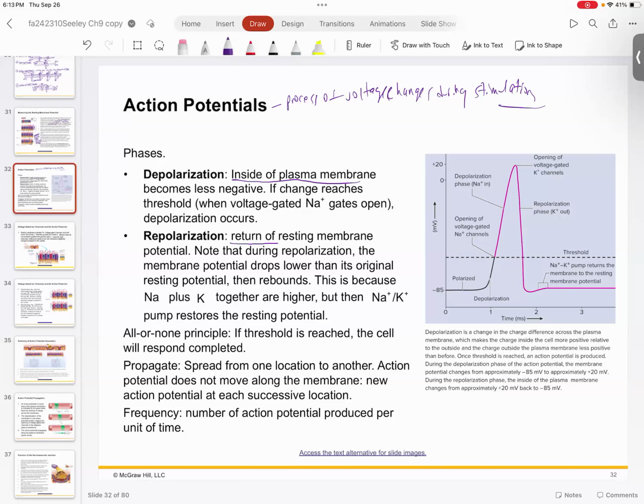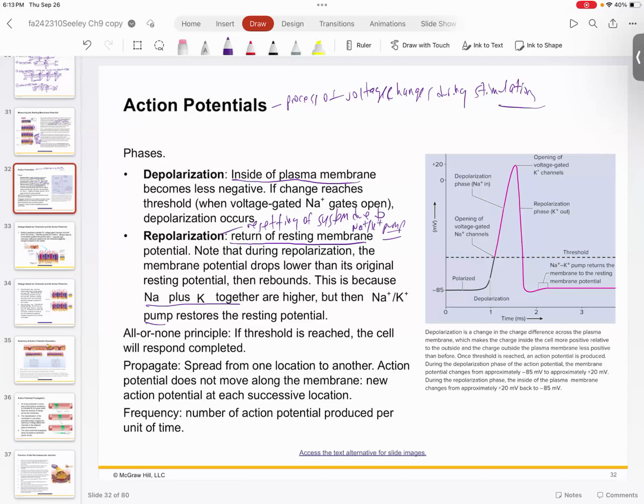Repolarization is essentially when you return back to resting membrane potential. Oftentimes, it's basically a resetting of the system, due to the sodium-potassium pump. So you close all those gates and you let the sodium-potassium pump restore order and get yourself back to resting membrane potential.